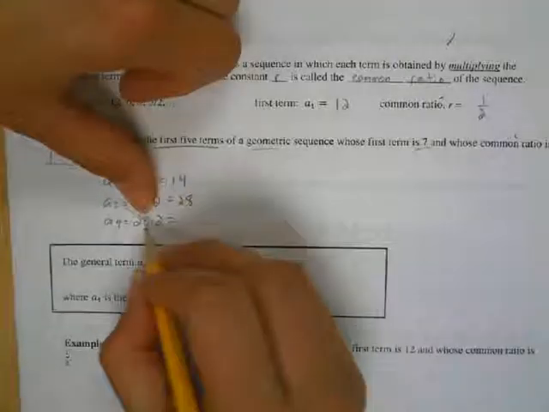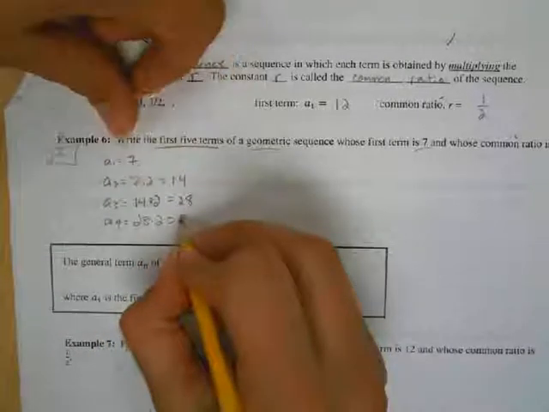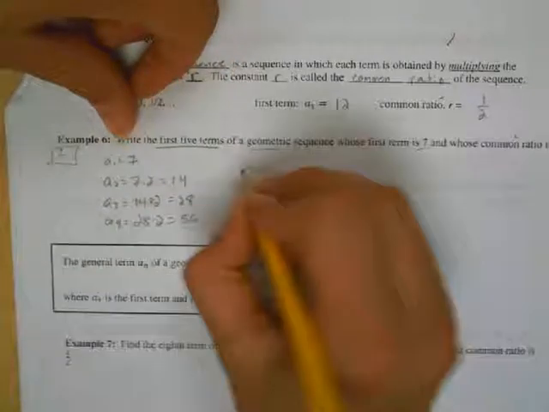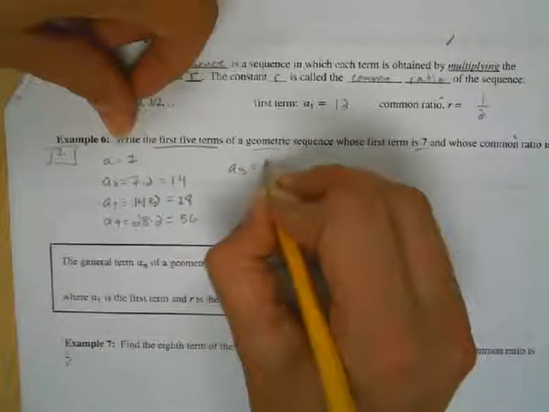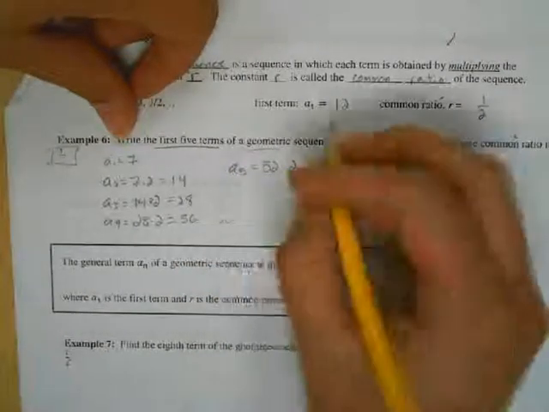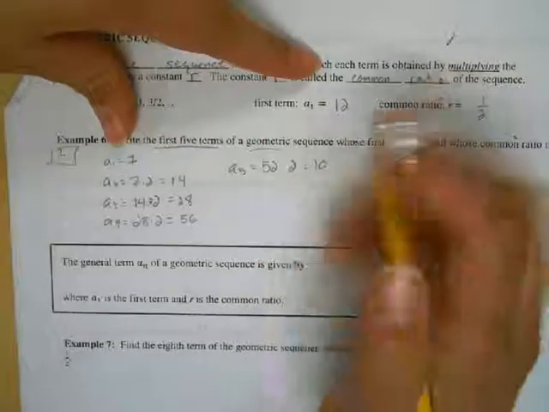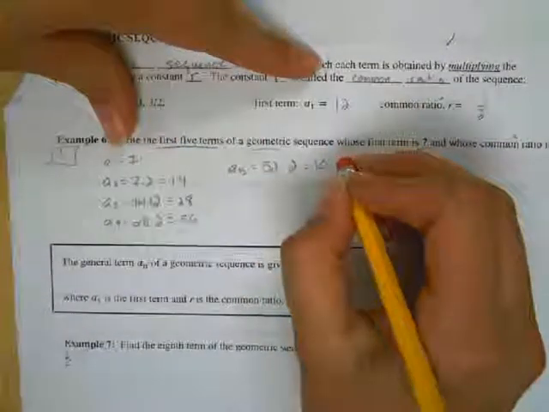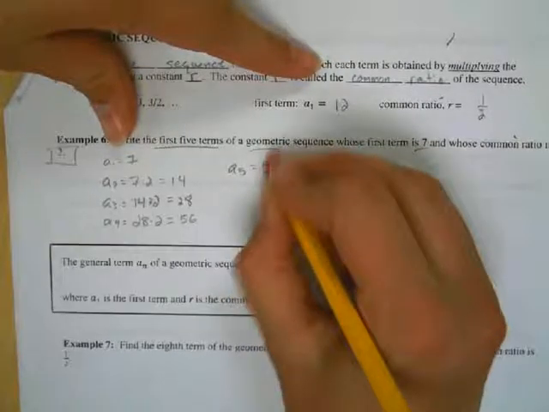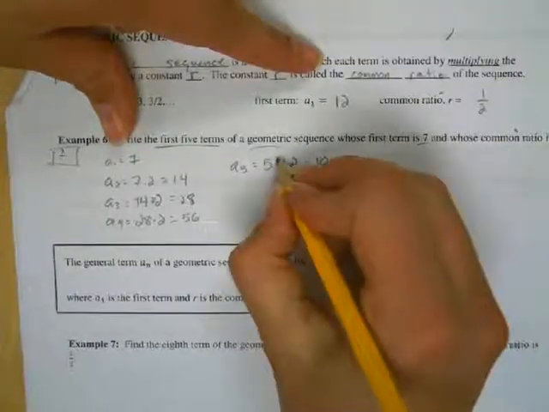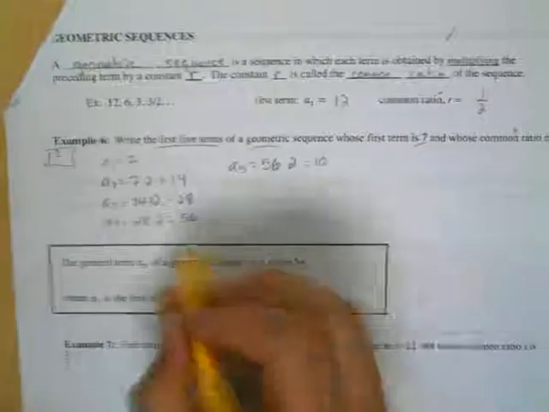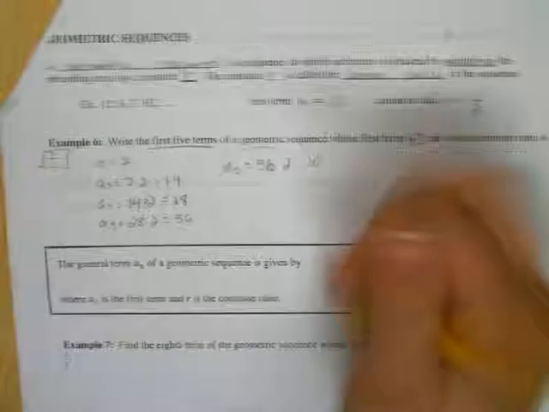So 28 times 2 is 56. And a sub 5 would be 56 times 2, which would be 112. It's very late in the afternoon.